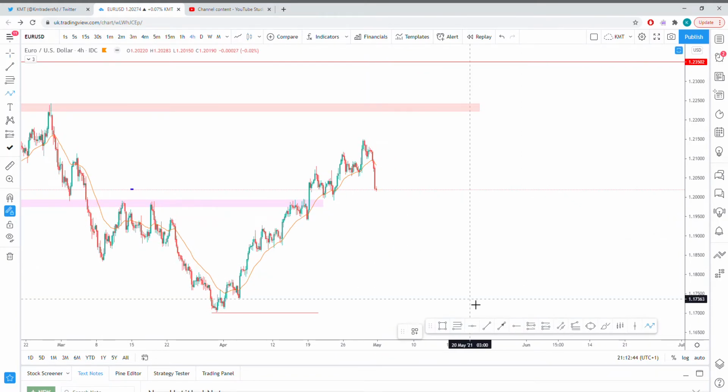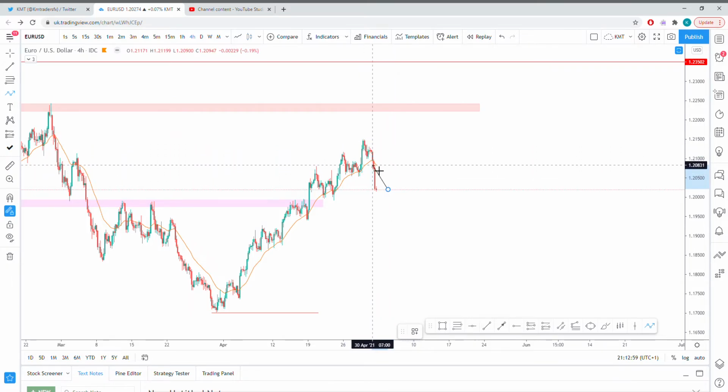But again, I wanted to discuss some scenarios that we could be looking into for the upcoming week. So essentially my first scenario is that we just get a retracement, a very small one, and it's just going to be from this range, from this high here, from the 28th of April to wherever price action is right now.